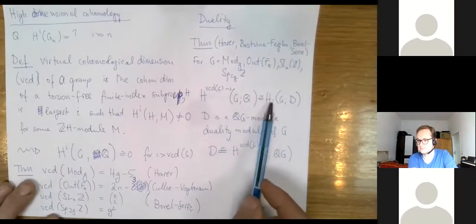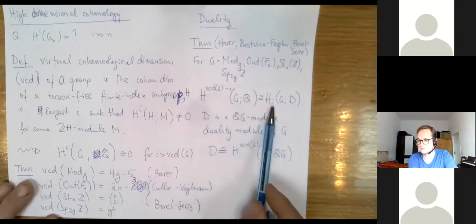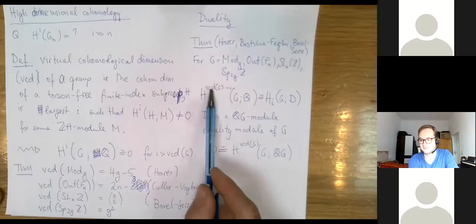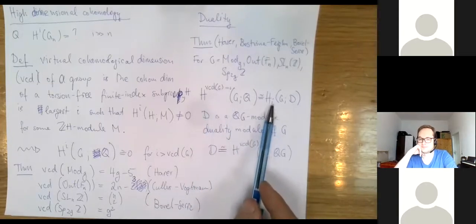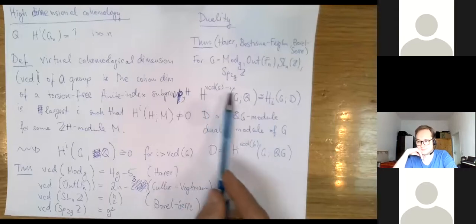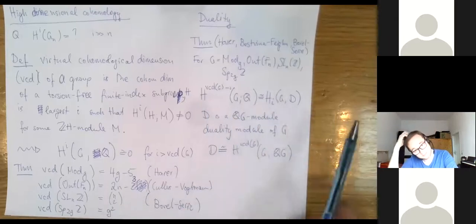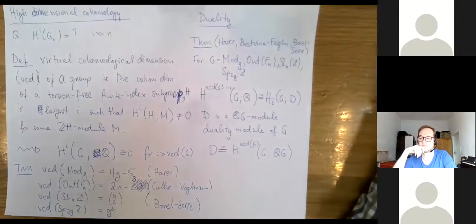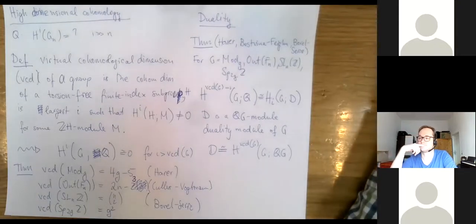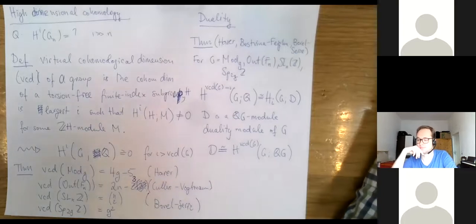And vice versa, as we've seen, there's no cohomology higher than the virtual cohomological dimension. So if i is negative, the statement is also true. So it's for all i. There was a question in the chat that was already answered by Jens.